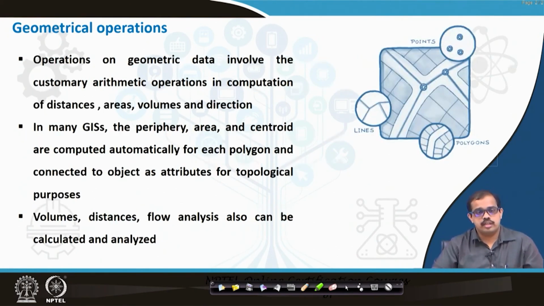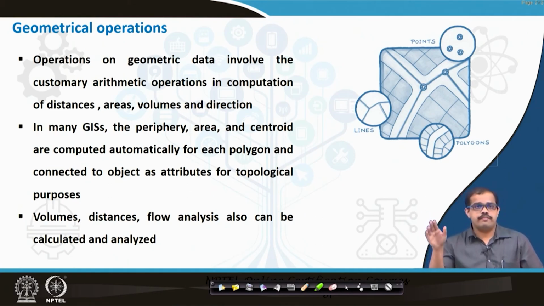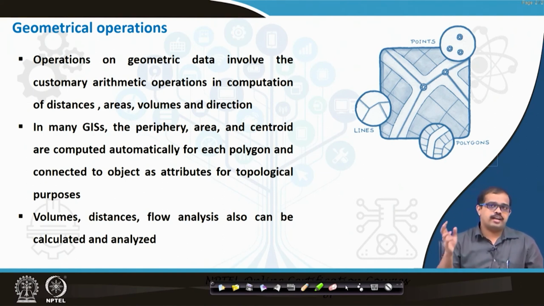Okay. So, geometrical operations are the order of the day. Any geometric data involves customary arithmetic operations and computation of distance, area, volumes and directions. When you are looking at GIS, whether you are looking at a centroid or a periphery area, or trying to look at how each polygon is computed automatically, how an object is connected with an attribute, or topological operations, all of these are done through geometrical operations, whether it is a line, polygon or a point.